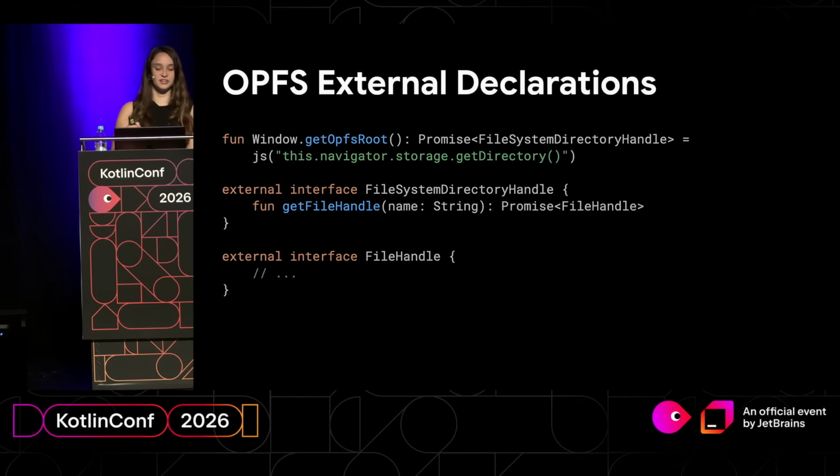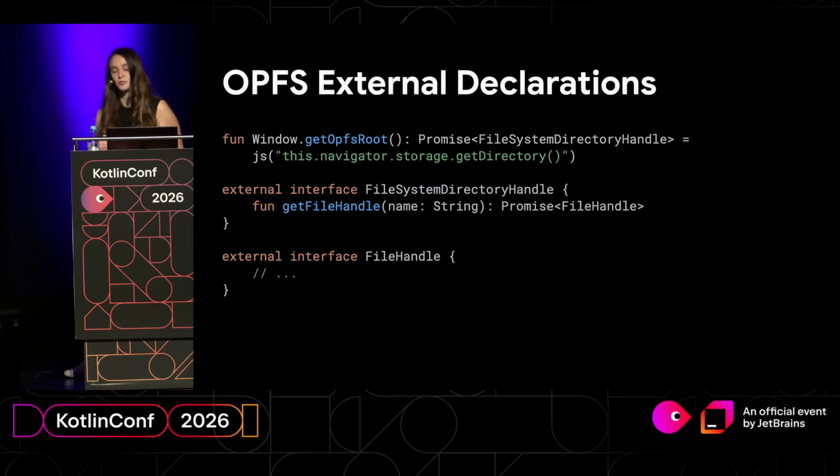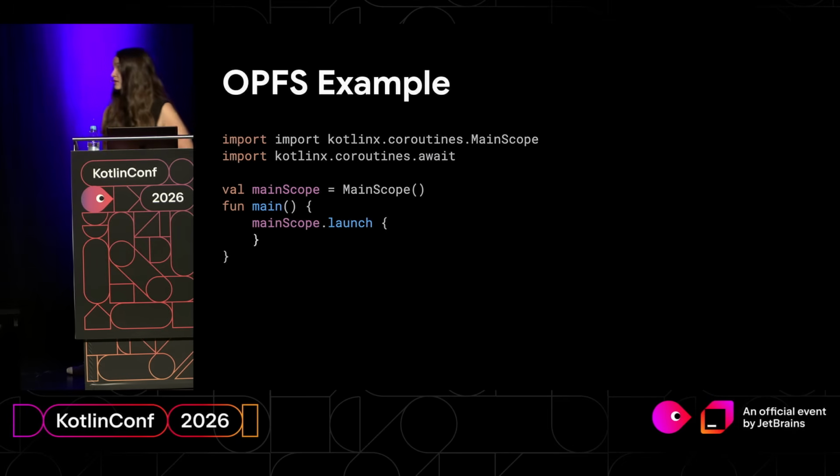But the difference here is that because it's a more modern asynchronous API, it's actually based on promises, and we can leverage language features to handle these asynchronous operations. For JavaScript, this is the async operator, and for Kotlin, this is coroutines. Let's walk through a small example where we write into OPFS.